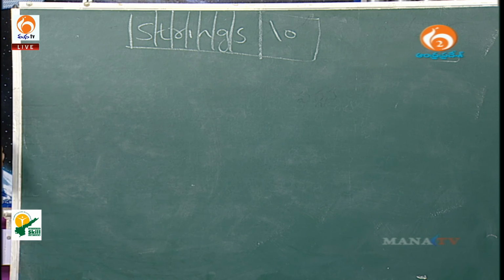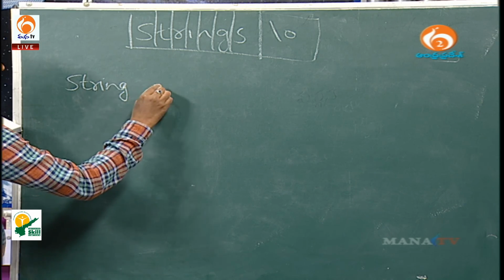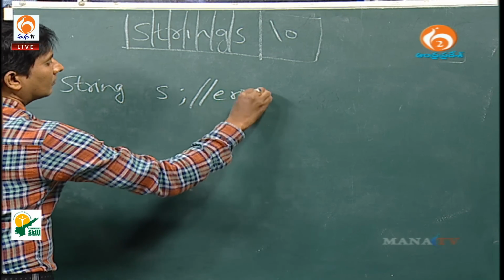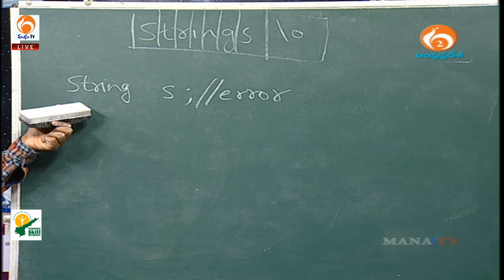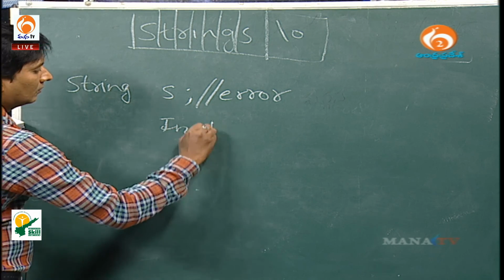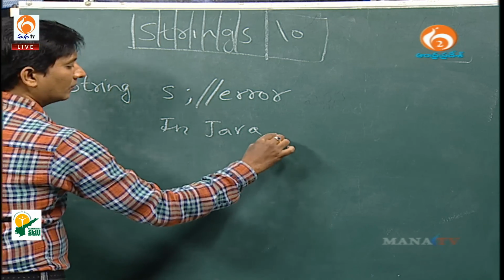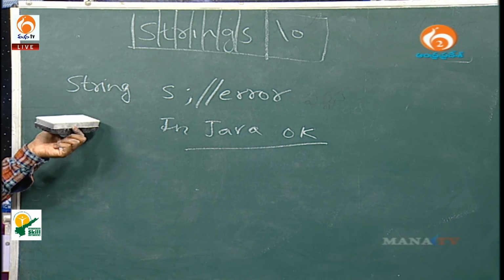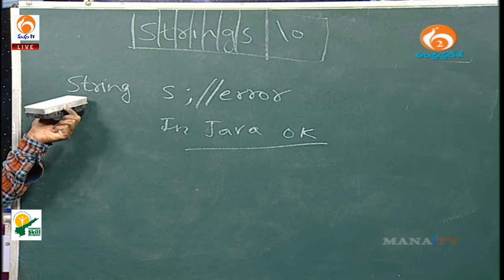We do not have any string data type in C language or C++. But it is available in Java, but not in C.